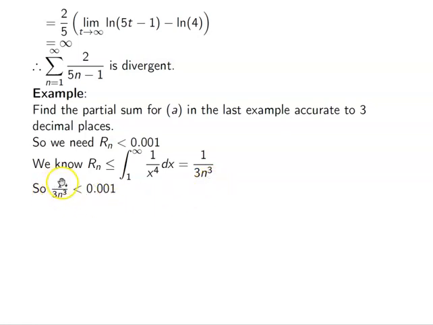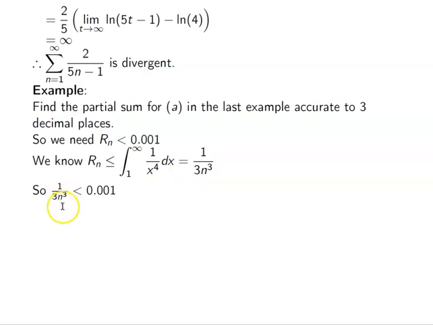So that means that I need 1 over 3 n cubed to be less than 0.001 because I need my remainder to be less than 0.001. So if my remainder is less than 1 over 3 n cubed, which is less than 0.001, the far left side, Rn, would be less than the far right side, 0.001.